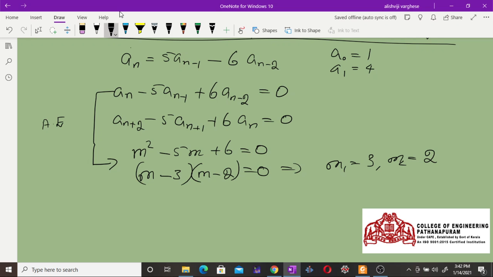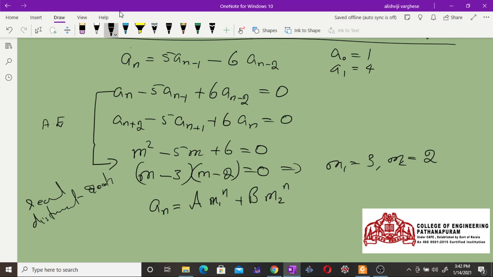So here we get two real distinct roots. If the roots are real and distinct, then the solution is of the form a_n is equal to some constant a into m1 raised to n plus some constant b into m2 raised to n.